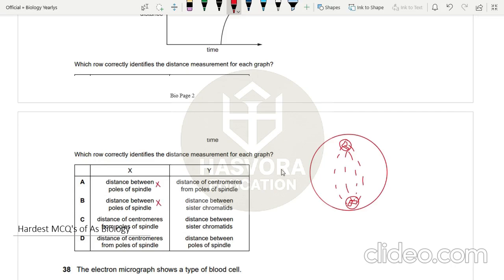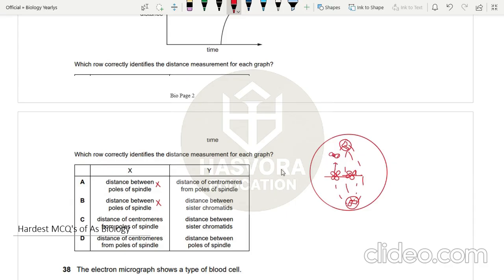C says distance of centromeres from poles of the spindle. Now we know that in the metaphase the chromosomes align like this. So what happens is, when the centromeres divide, they move to the opposite poles.